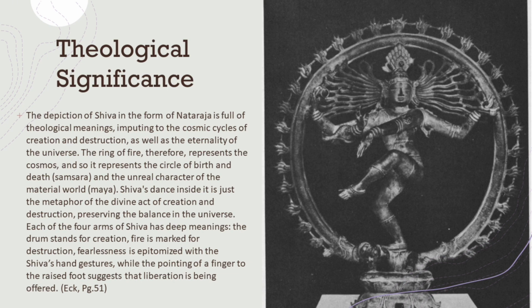The drum stands for creation, fire is marked for destruction, fearlessness is epitomized with Shiva's hand gestures, while the pointing of a finger to the raised foot suggests that liberation is being offered.